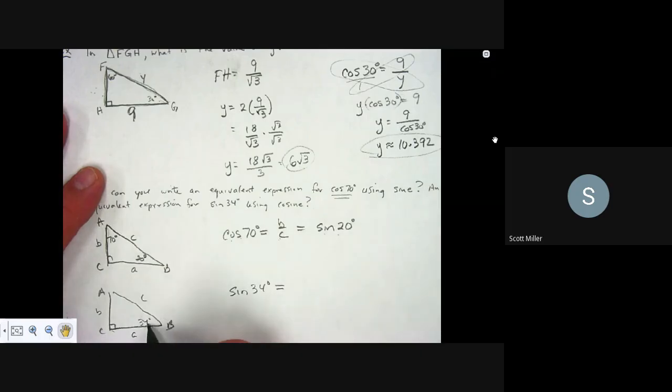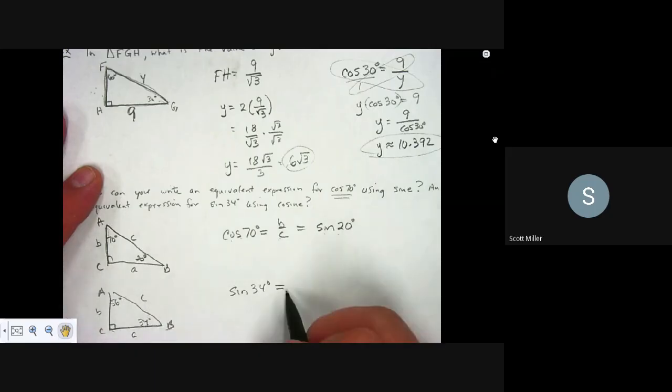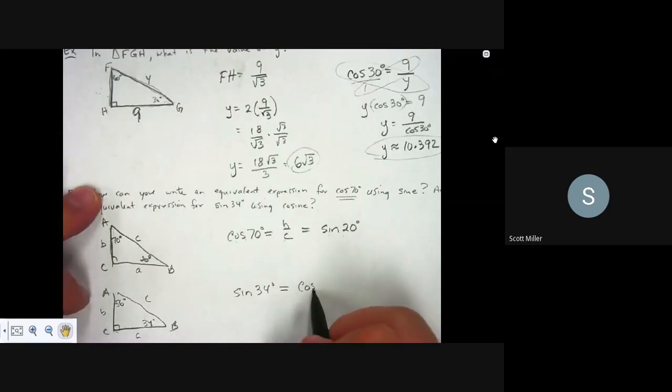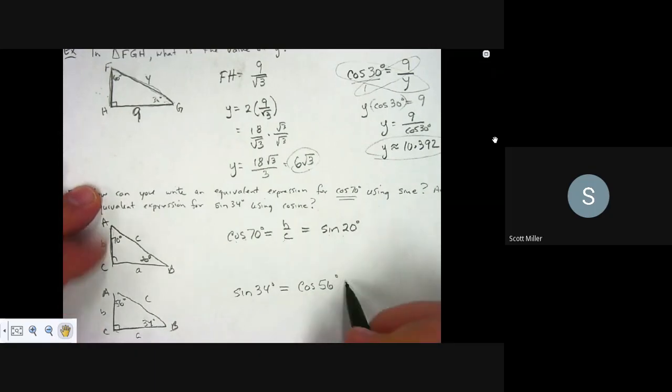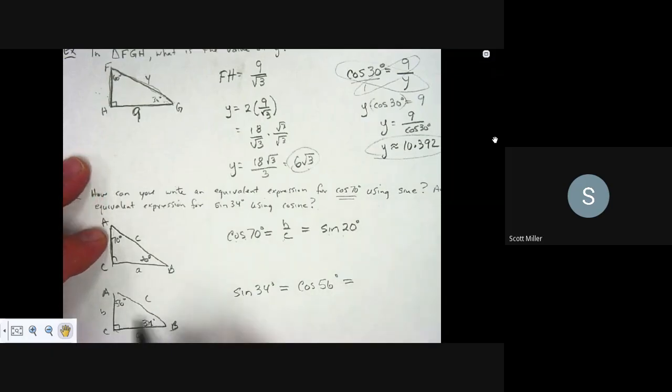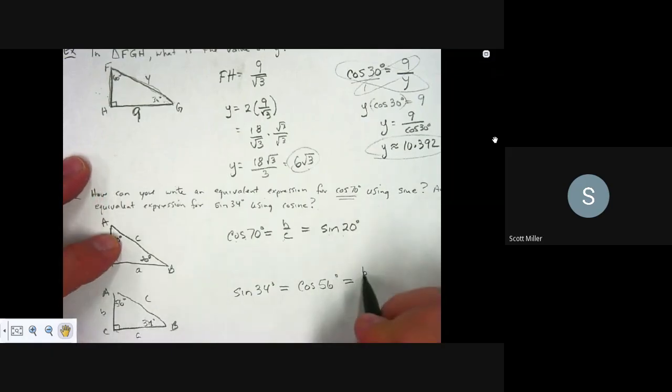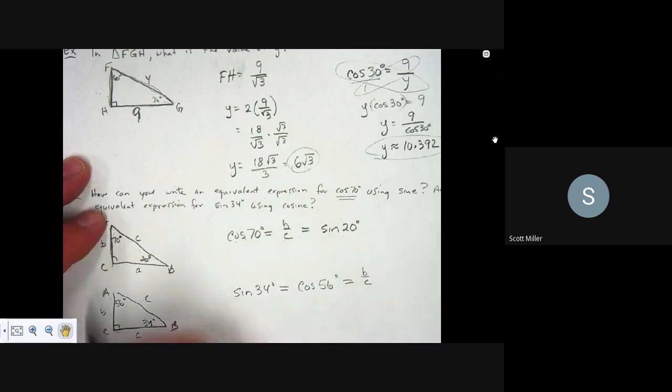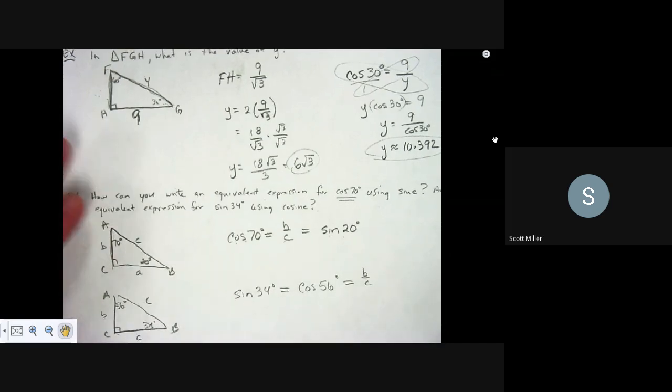Well, if this is 34, then we can find the complement to it over here, 56, and I can say that this is the same thing as the cosine of 56 degrees, and they are both B over C, according to our triangle. So that's how that works.